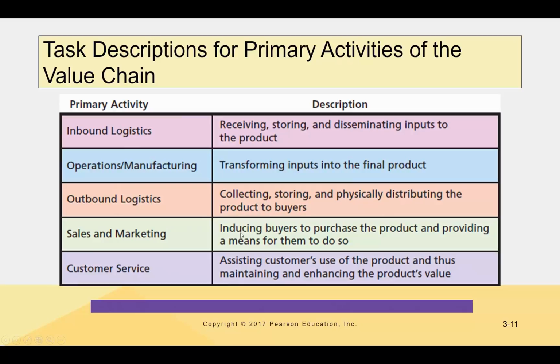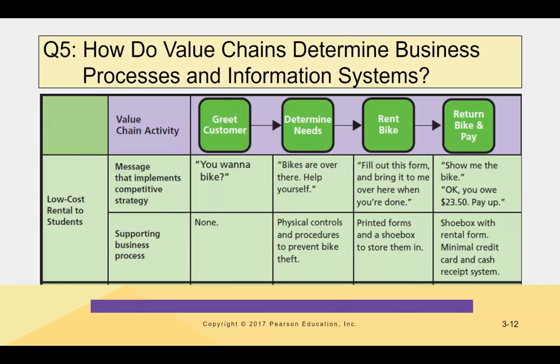Getting buyers to purchase the product, and then customer service is assisting customers' use of the product. And then what do you do? It's one thing to sell a product, but then you have to support it. Does your company understand this well enough in order to make the customer friendly, make the customer happy, and keep them up? So how do value chains determine business processes and information systems?